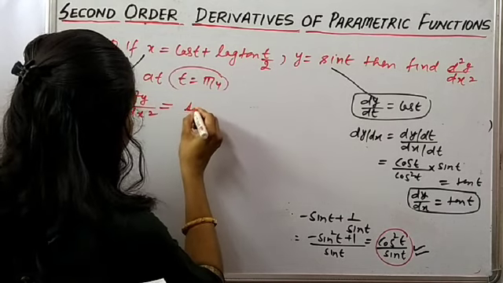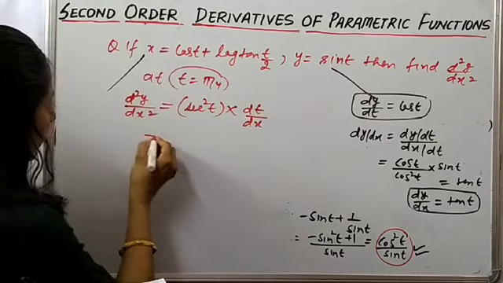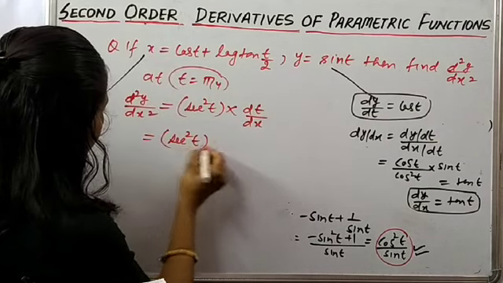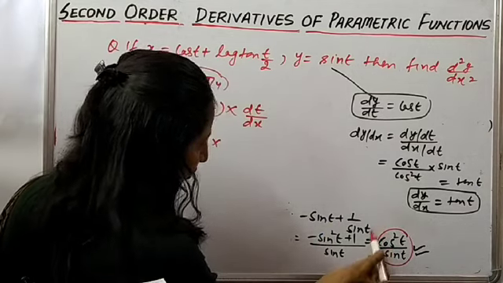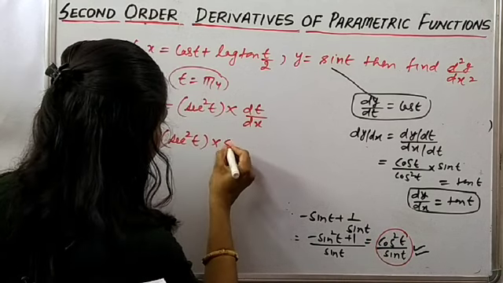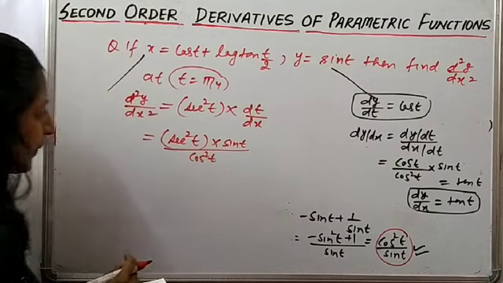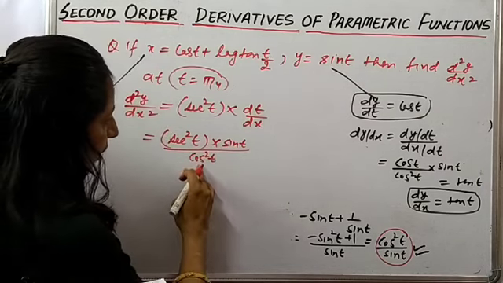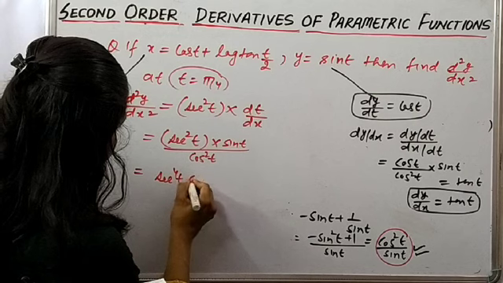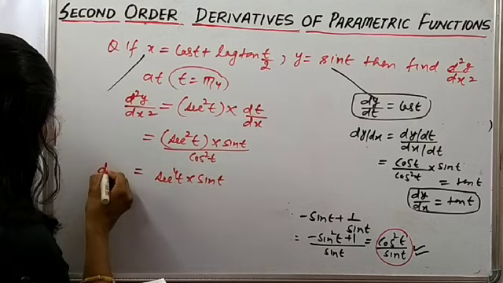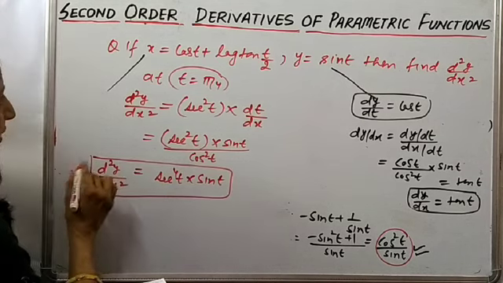So it will be secant square t and then multiplied by derivative of t with respect to x. So secant square t into, and we can see this is the value of dx by dt, so the value of dt by dx will be its reciprocal, that is sin t upon cos square t, right? After solving we will get secant raised to power 4t into sin t. So it is our second order derivative.